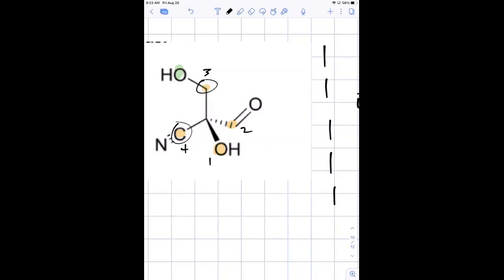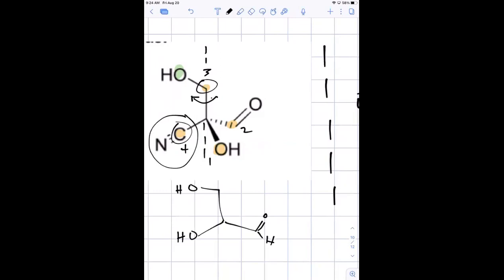What do we need to do? Since it's tetrahedral, we need to draw it in the steering wheel. Am I right? Yeah. So that'll be here. The OH is going to come here, and I'll explain, and then this will be here. If I turn it this way so that the cyanide group is facing away from me, do you see how the axis is here? There's an axis through there.